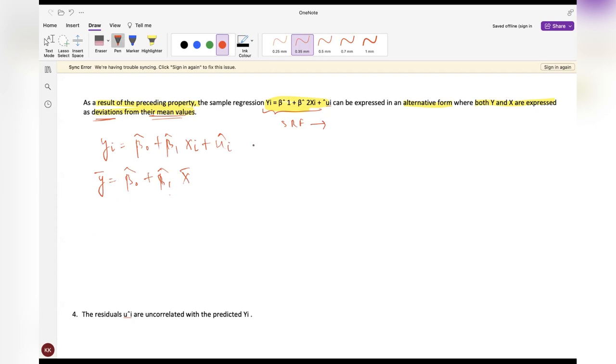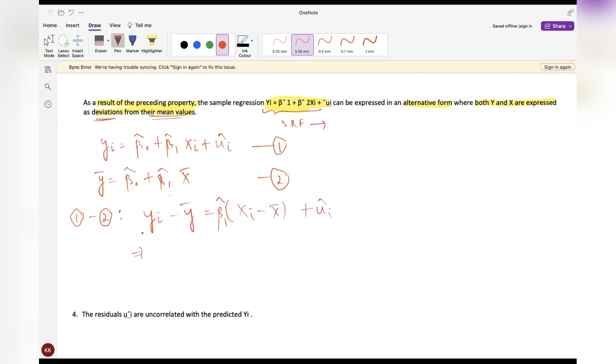Now let's subtract equation number 2 from equation number 1. So 1 minus 2 will give me yi minus y bar is equal to, now beta naught hat and beta naught hat will cancel out. Beta 1 hat is a common value. We will be left with xi minus x bar plus ui hat.